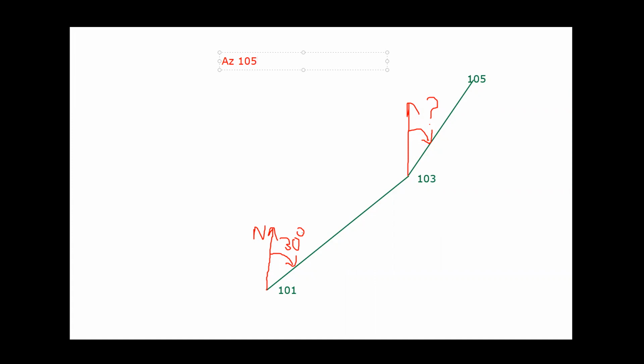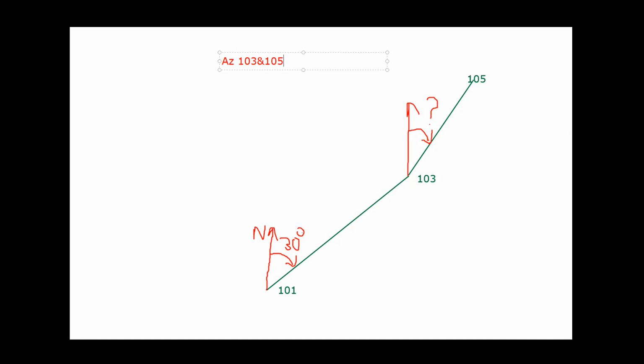The azimuth has to do with a line, so I have to say 103, 105 equals. So that you don't get confused here, let me use something that doesn't show any operations.